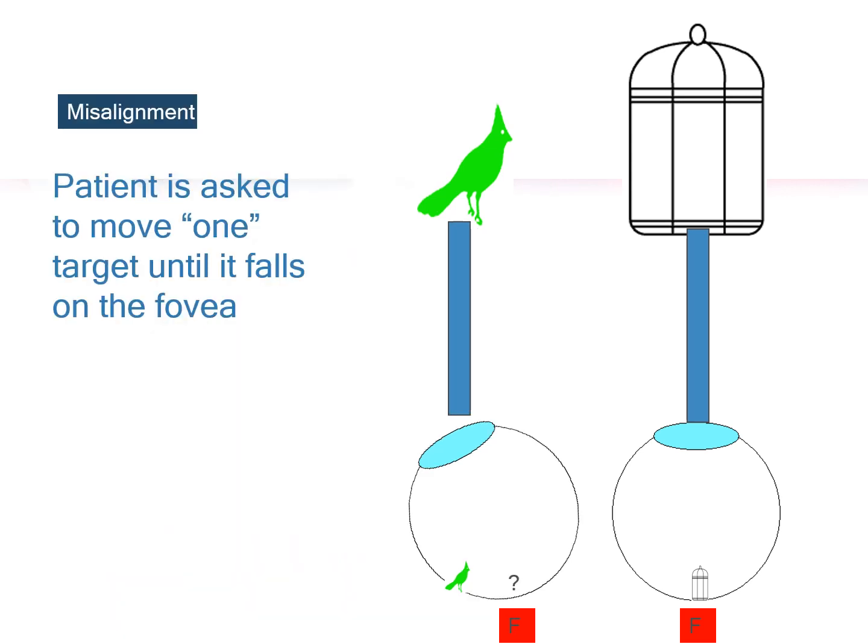If the patient has an outward deviation of the left eye, for example, now the image of the bird won't fall on the fovea, so the brain will assume that the bird is not inside the cage, as its image did not fall on the fovea. The patient is asked to move the photo of the bird until its image falls on the fovea.